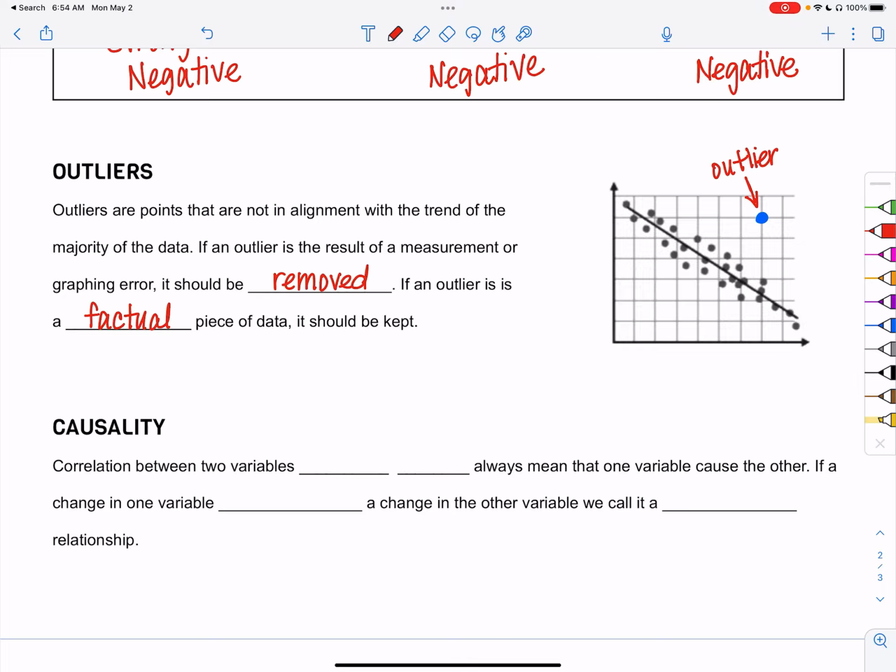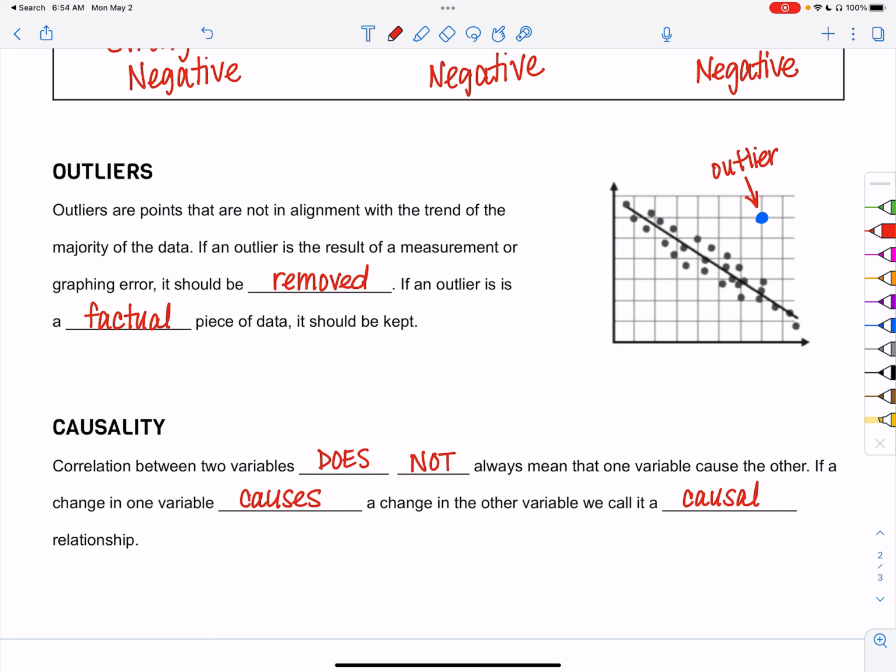All right, so causality. Correlation between two variables does not always mean that one variable actually causes the other. If a change in one variable causes a change in another variable, then we call it a causal relationship.